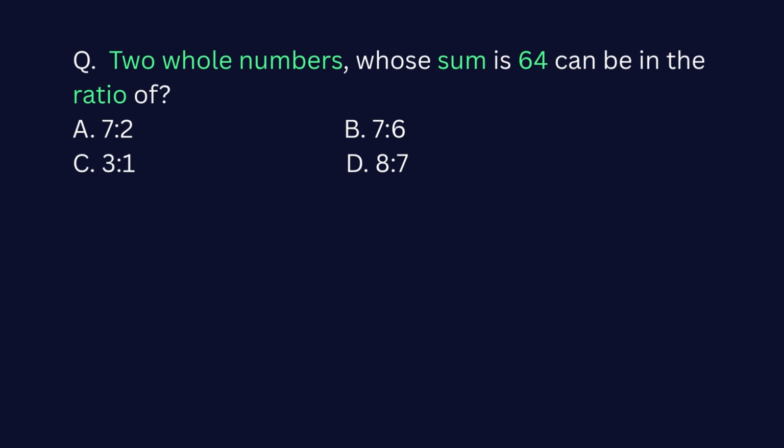Now if you look at our options, we see that option B, 7:6, and option D, 8:7, are greater than 7:2, so we can automatically assume that option C is the only option that could get me to the correct answer. Now let's try option C, which is 3:1.